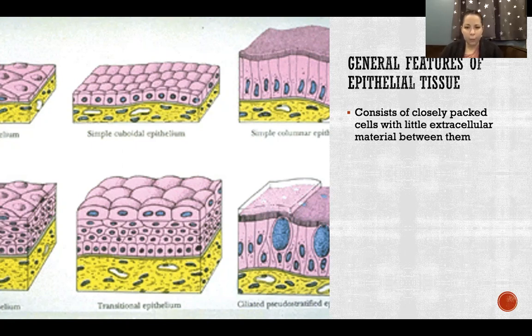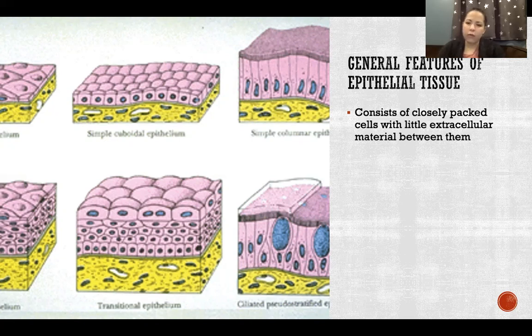That's because the purpose of epithelial tissue in most areas, all the covering and lining epithelial, is to protect and to separate. So our epithelial tissue is very often creating some kind of boundary between two spaces, or protecting some underlying structure.